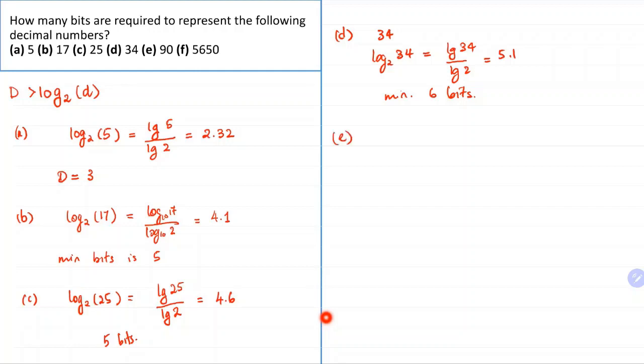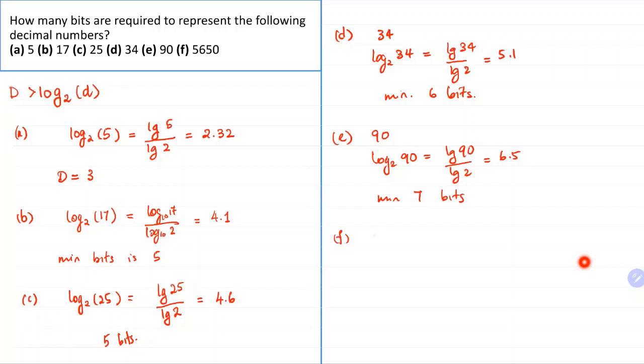Then E for 90. So log 2 of 90. That will be 6.5. So we need a minimum of 7 bits.